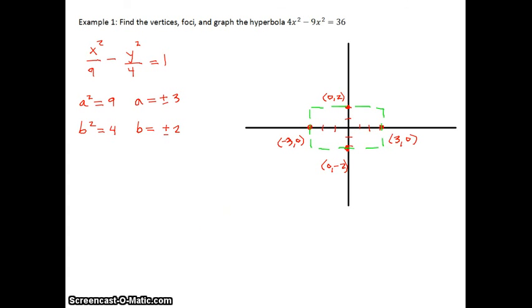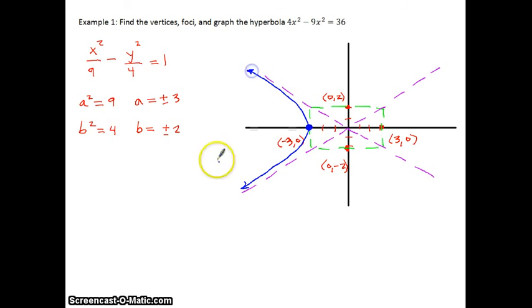So here's my rectangle, my diagonals, which are the asymptotes that bound the hyperbola. Once again my transverse axis is along the x-axis, so that means my vertex point for one branch is here, and I'm going to go outward and follow that asymptote, and here I'm going to go outward, follow that asymptote.